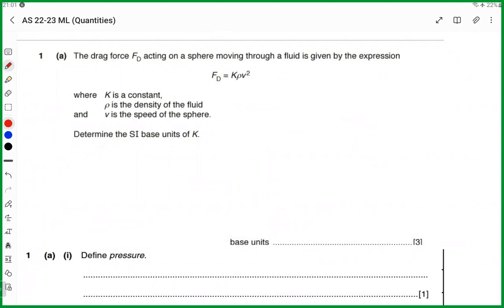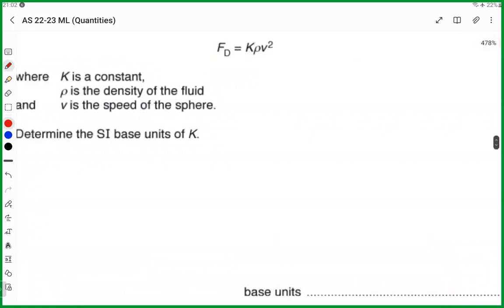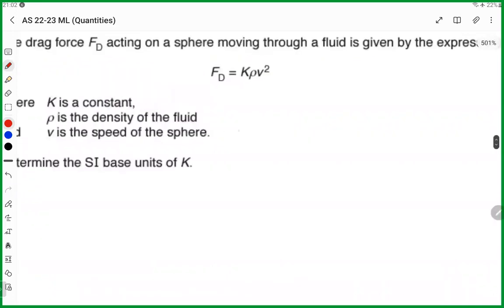K is a constant, rho is the density of the fluid, and V is the speed of the sphere. Determine the SI base unit of K. What is the first thing you should do over here? Make K the subject of this formula. It will be K equals force divided by density times speed square.